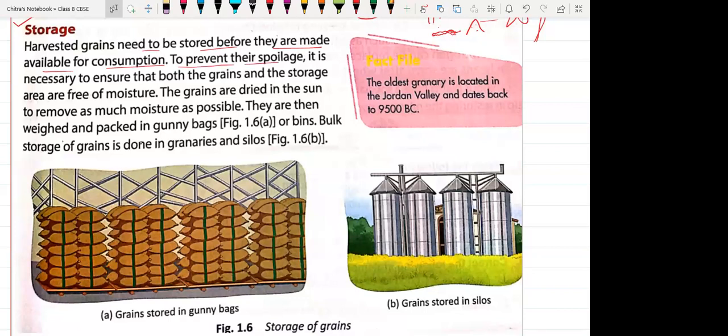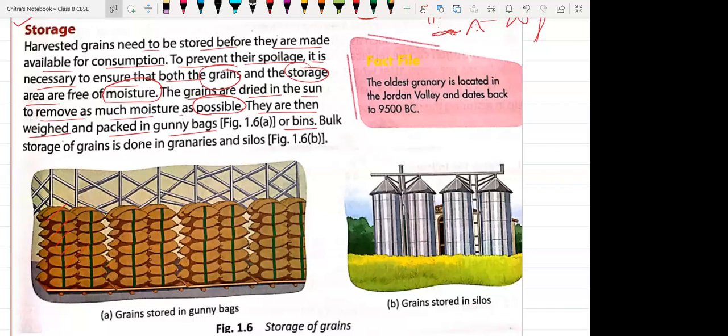To prevent spoilage, it is necessary to ensure that both the grain and the storage area are free of moisture. The grains are dried in the sun to remove as much moisture as possible from the seed. They are then weighed and packed in gunny bags, as you can see here.